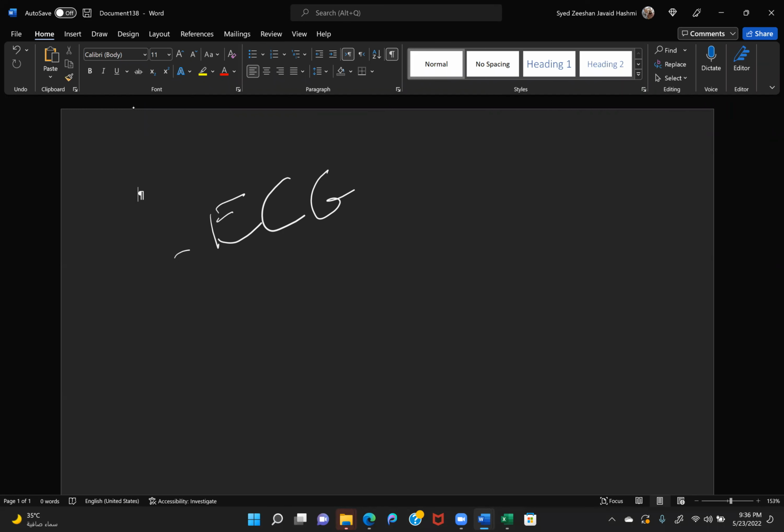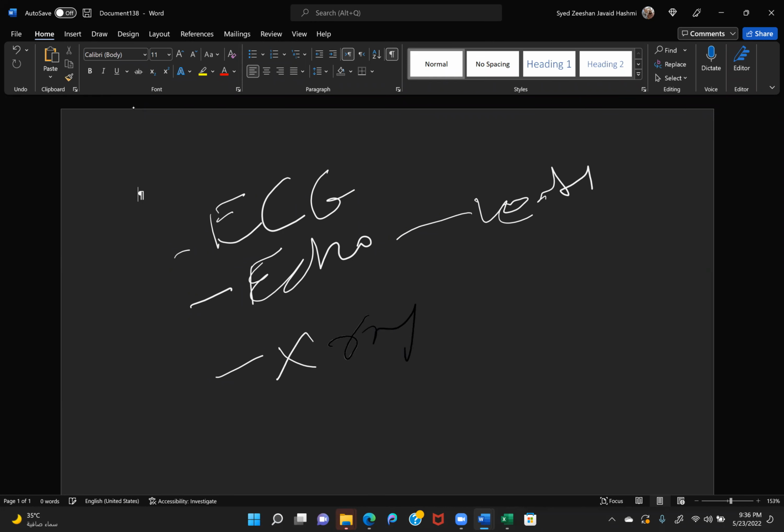In echo you can see any failure or the leads, and similarly a chest X-ray. Another thing is all the things which can change the pacemaker threshold, such as electrolytes.